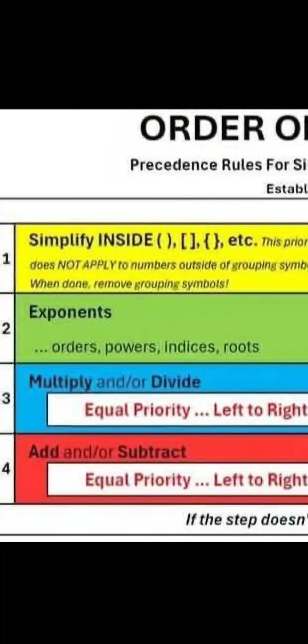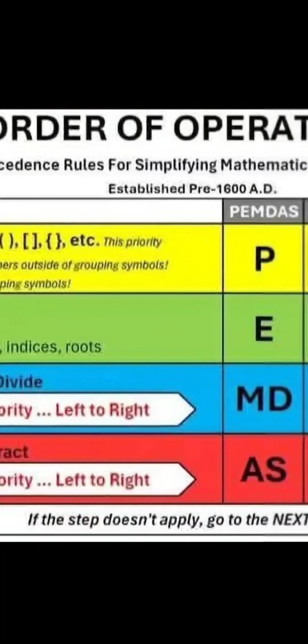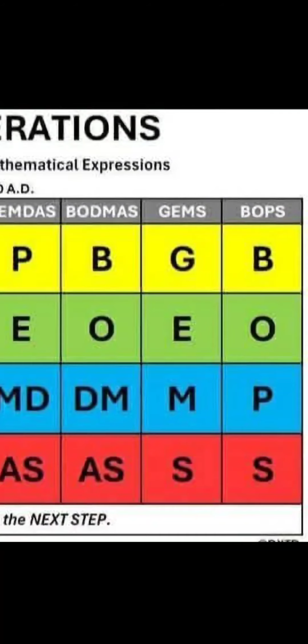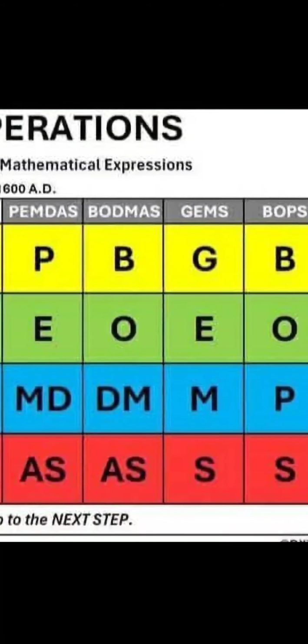Finally, it's add and subtract, and or subtract left to right. I even know people that will try to claim that addition is solved before subtraction, which means they end up not being able to add and subtract correctly when they're mixed. They have equal priority. Subtraction is the same thing as adding a negative number. So even in all these acronyms, they're all the same.